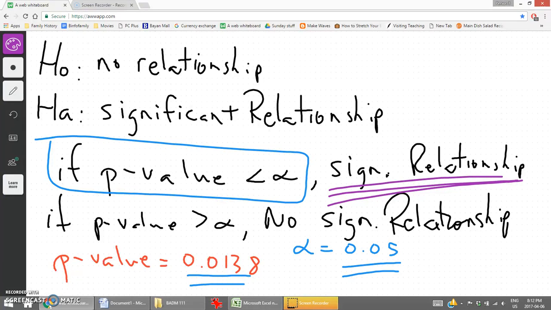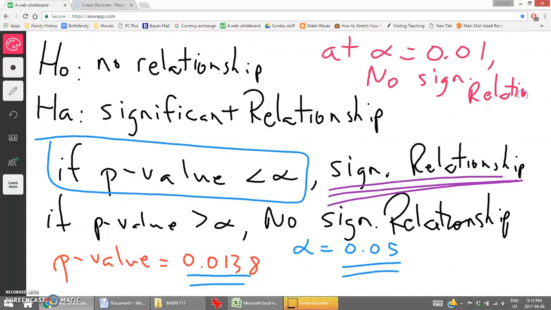Now, if we were testing this, let's just do this up here, if alpha was now 1% instead of 5%, the p-value is greater than alpha. So at alpha equals 1%, there would be no significant relationship. Remember that the level of alpha is based on your level of risk and your type 1 error.